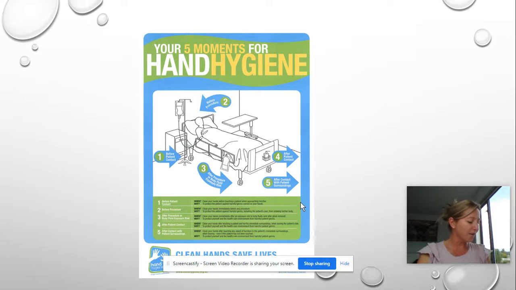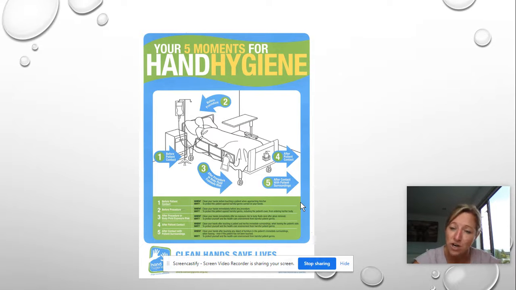Question number 5, moments of hand washing. This needs to be drilled in. You've probably seen these posters before as well. So you're going to get used to it. You always got to wash your hands before you have any contact. You might be talking and doing certain bits and bobs, but once you have to do any procedure, even though you've washed your hands before going in, they often say you have to wash your hands again, or even an alcohol rub.